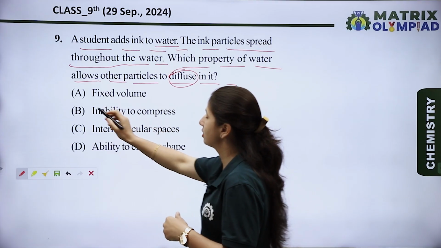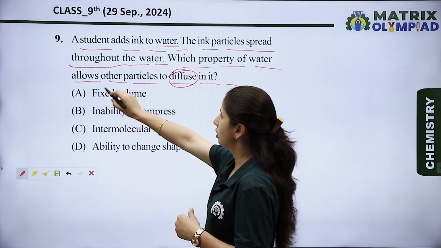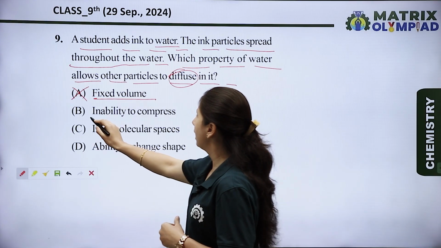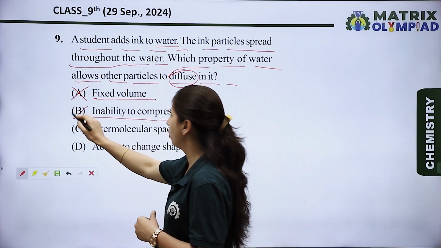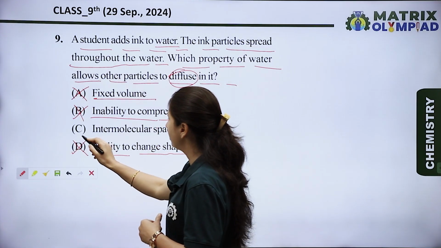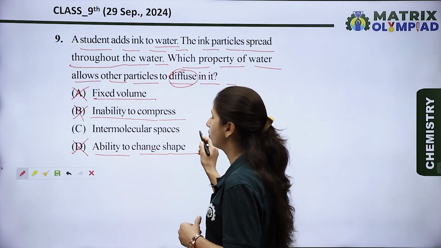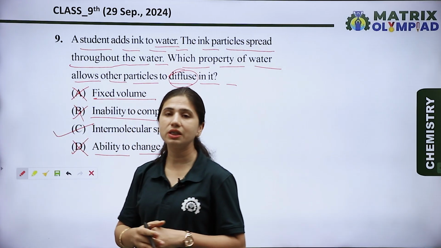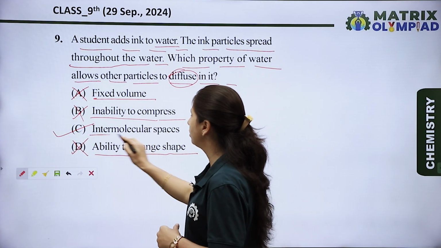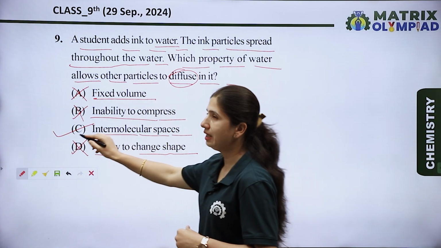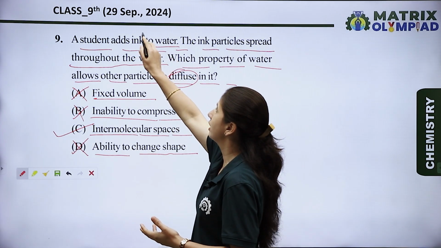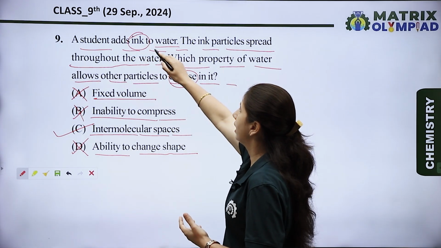So now let's discuss the options. Fixed volume, no. Inability to compress, no. Ability to change shape, no. And option C is intermolecular spaces. Yes, option C is the right option for this question, because water has intermolecular spaces, and these intermolecular spaces are beneficial for ink, or we can say for any solute.